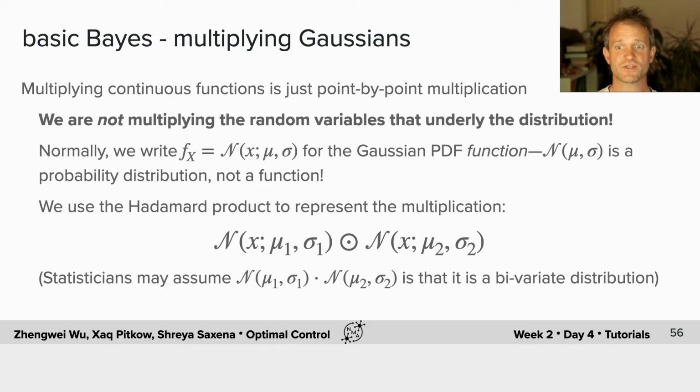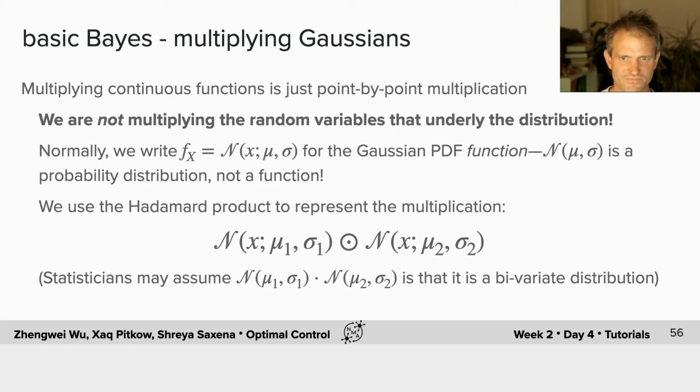We often write the continuous function, f of x, equals the normal distribution, that's written with an N, where our parameters mu and sigma tell us about the shape of that normal distribution for a Gaussian PDF function. And N, with just mu and sigma, is a probability distribution. It's not a function.